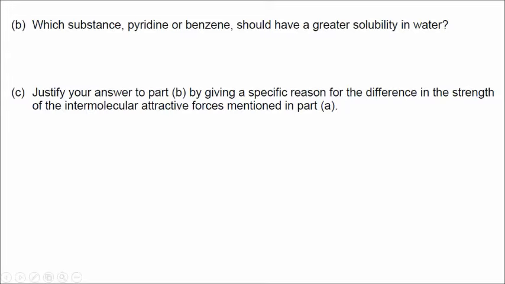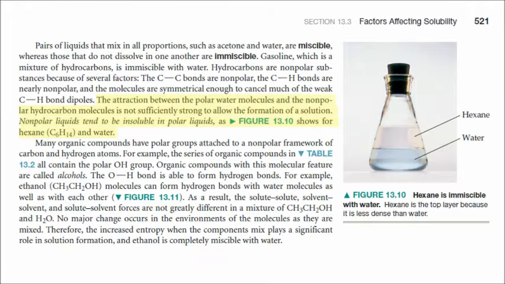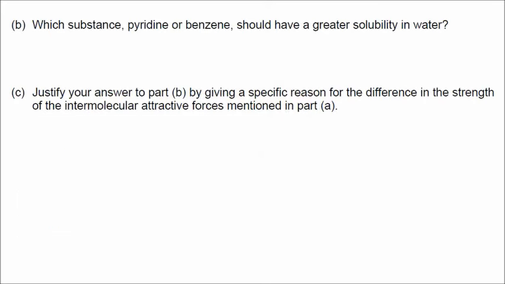So which of these substances should be more soluble in water? Hopefully you can see that the example we did earlier from the multiple choice, where polar substances do not really mix very well with non-polar substances, that's consistent here. The benzene is non-polar, so it's only going to dissolve a little bit in water. But pyridine, which is polar, is going to dissolve a little bit more.